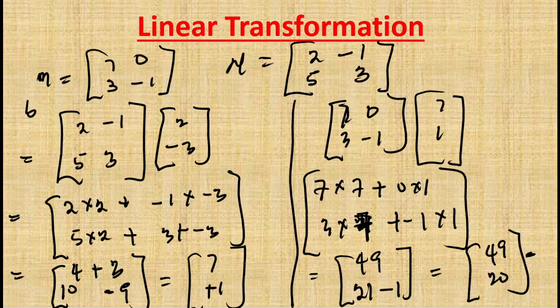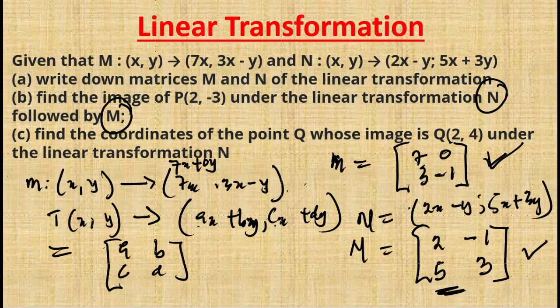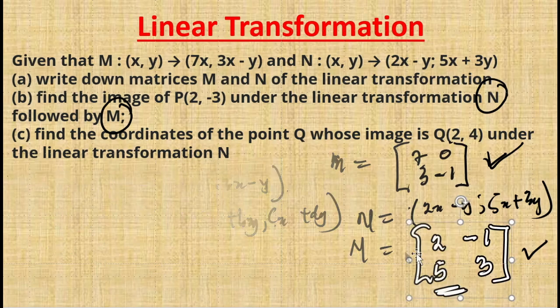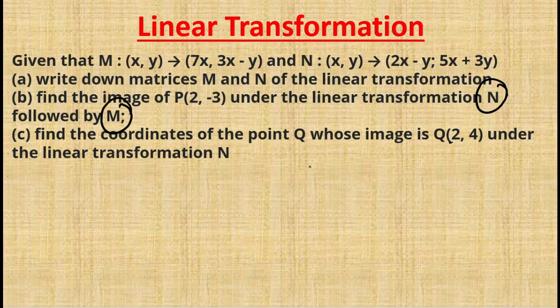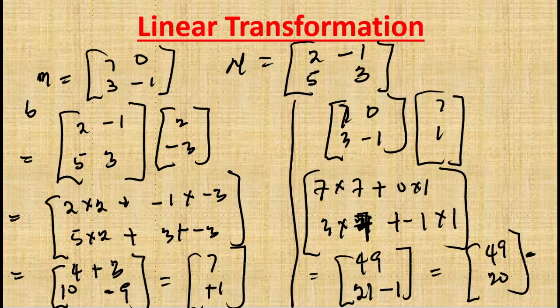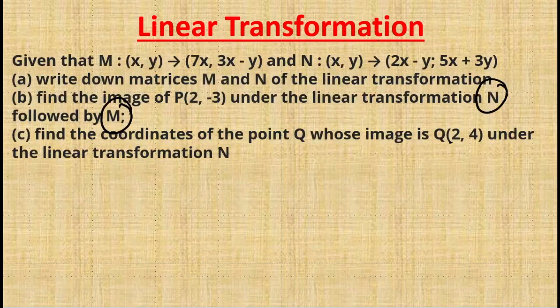So we still have a third question. On the third question, the examiner wants us to find the coordinates of the point Q, whose image is (2, 4) under the linear transformation of N. Now, the matrix for N is 2, minus 1, 5, and 3. So I'll pick that.